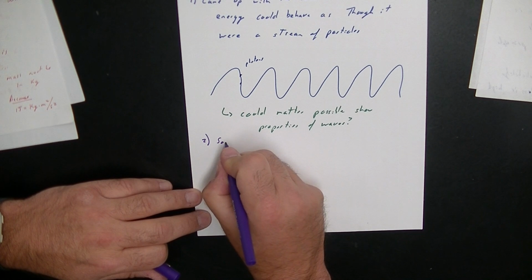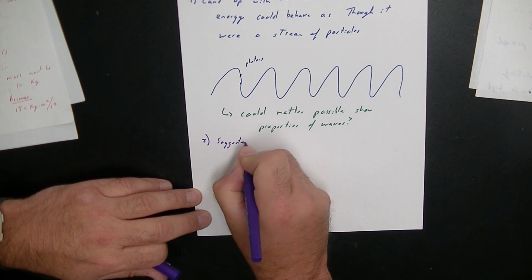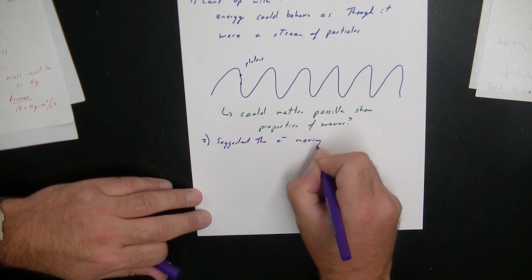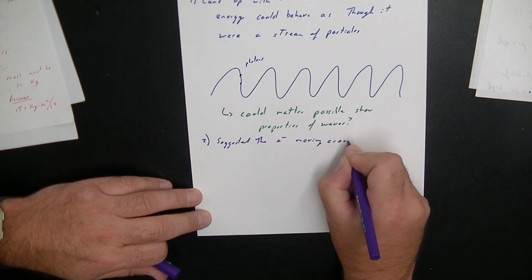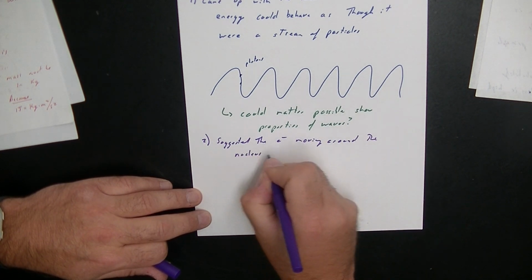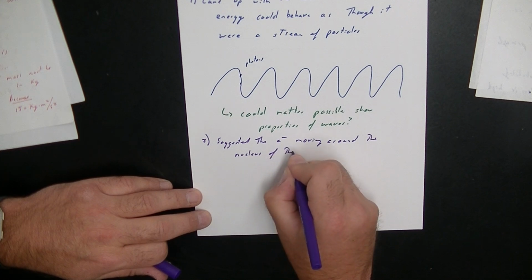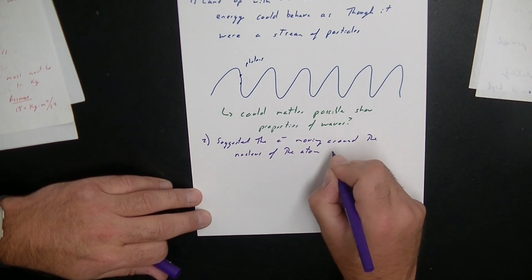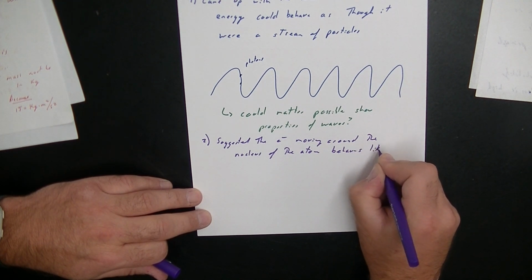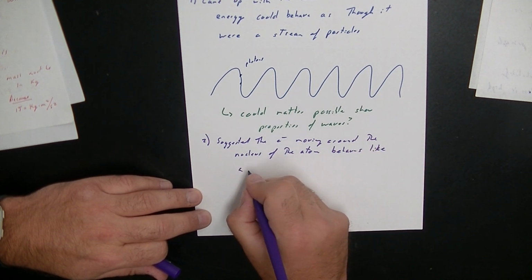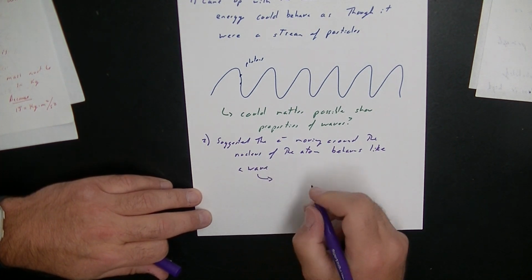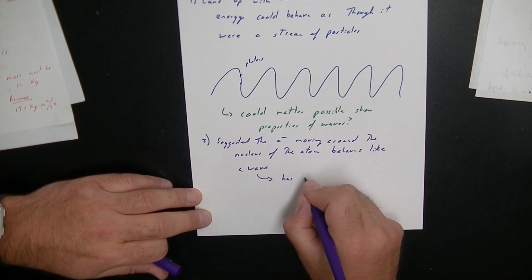He's the one that suggested the electron moving around the nucleus of the atom behaves like a wave. And if it behaves like a wave, that means it has a wavelength.